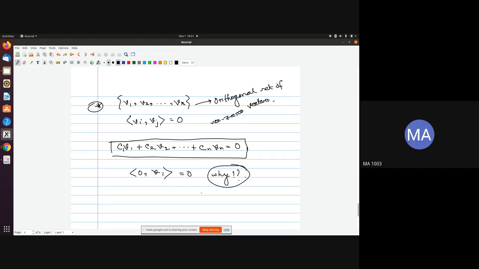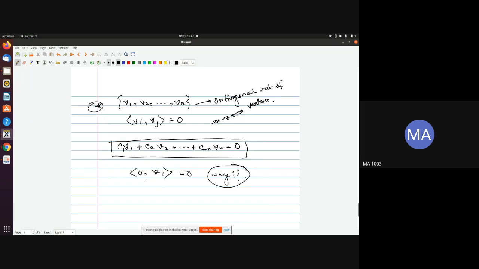You can name the linear combination of all those vectors B, and then find the inner product of B and V1.